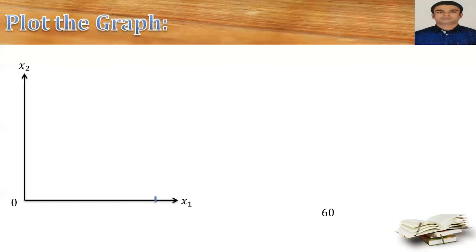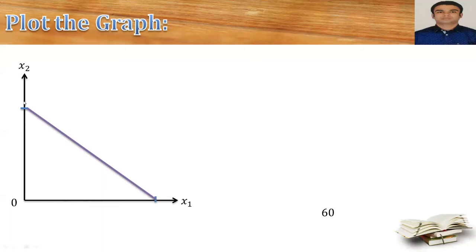So, we mark both points. 0 and 60 means x1 is 0 and x2 is 60. So we mark our point 60, and 90 and 0, so x1 is 90 and x2 is 0. We mark both points.